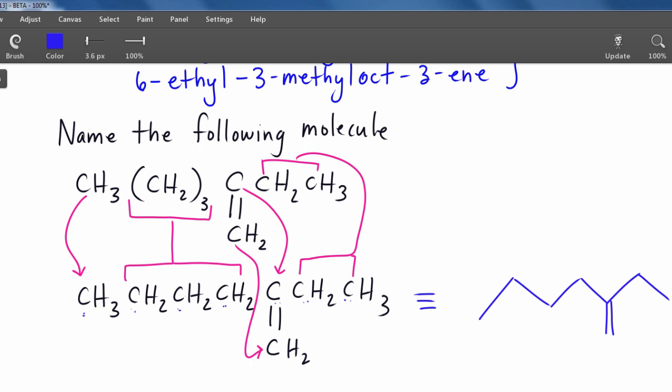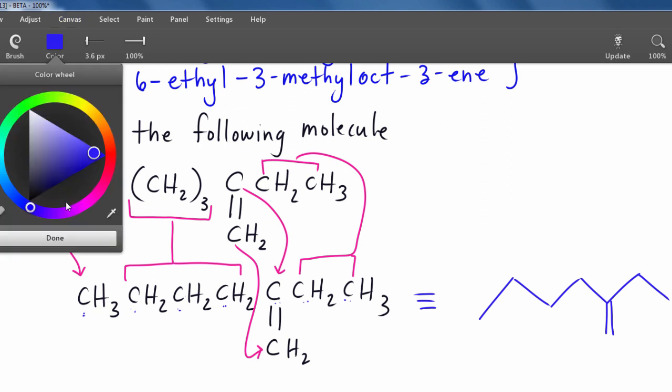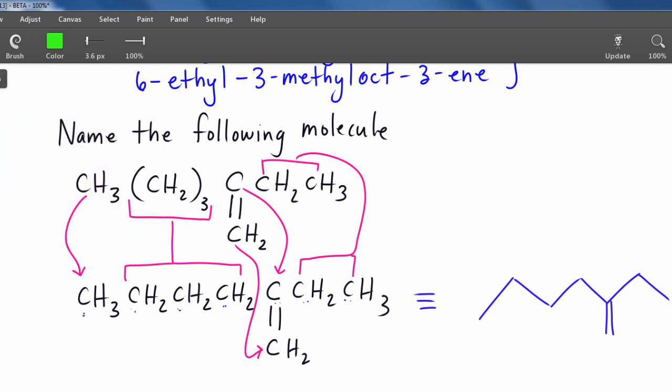Now, how would I go about naming this? Well, it may not be obvious at first, but I want to get the longest carbon-carbon chain that includes the double bond.